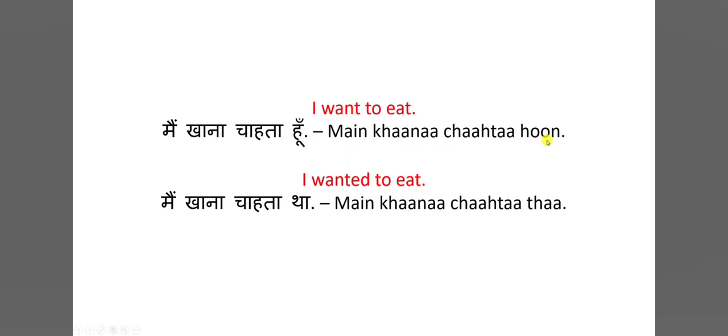Here we had हूँ, here we had था. And था should be used only if a male says this sentence, meaning the subject of this sentence is a male, single person. Okay?